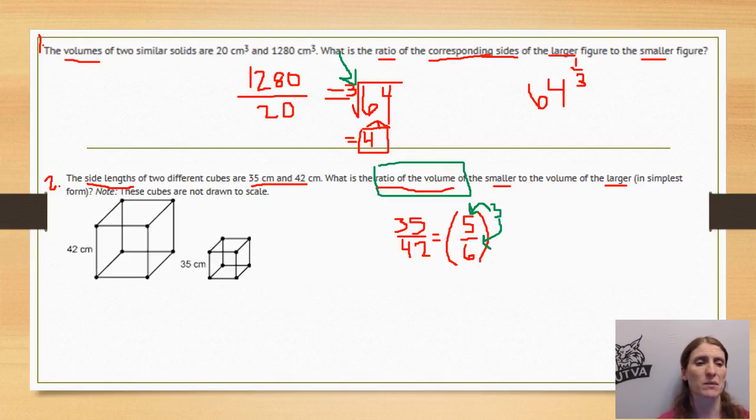And I think it's probably going to be a multiple choice one, but 5 cubed is equal to 125. And 6 cubed is equal to, sorry, I don't have those memorized, 216. And those should be in simplest form. And that would be our answer, because that is the ratio of the volume.